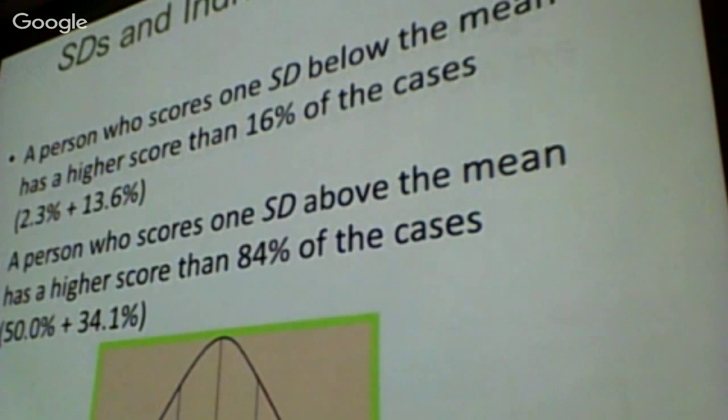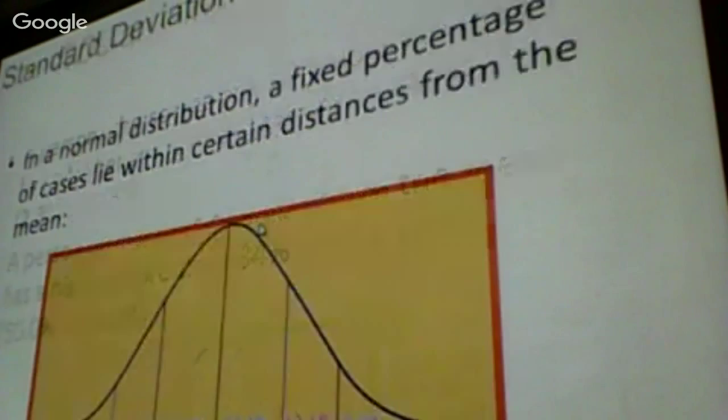Okay, so a person who scores 1 standard deviation below the mean has a higher score than 16% of the cases. How do we get that? Go back here again. Let's say this is a distribution of MCAT scores. Got everyone's attention, so everyone thinks to go to medical school. Right? And this actually is relevant for standardized testing.